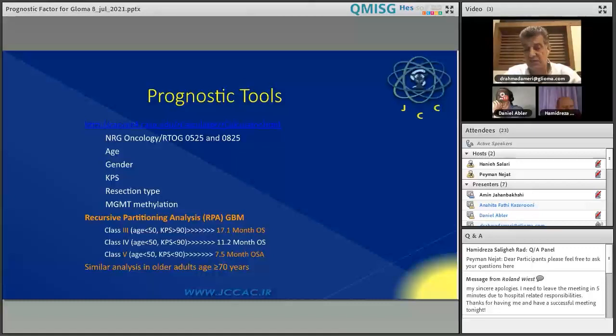RTOG 0525 is the randomized phase 3 trial that entered patients for chemoradiation with temozolomide or just radiation. And the second study, RTOG 0825, compared standard chemoradiation with temozolomide with chemoradiation plus bevacizumab.